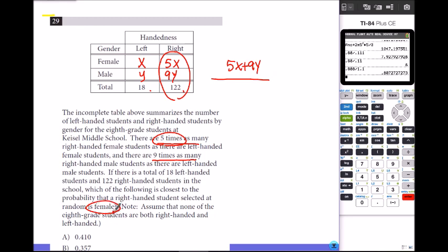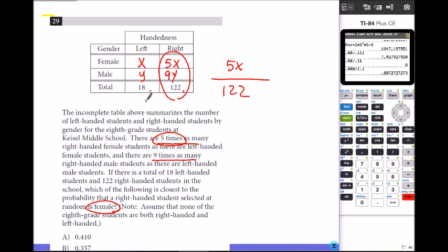It's a female, so female will be 5X, so it's asking for 5X out of only right-handed, so 122. So we've got to find what X is, or 5X is.